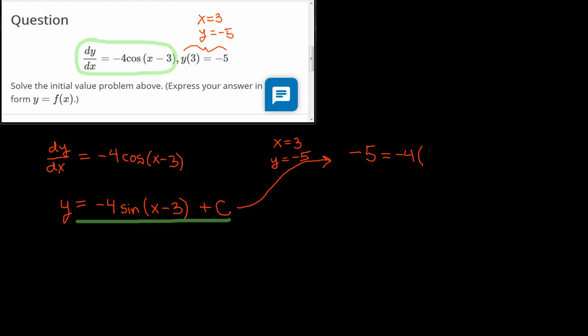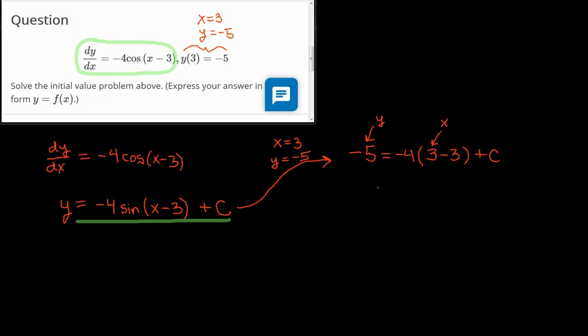So 3 and then -3 and then plus c. Where did those come from? That was y, because y was -5, and that was x, because x was 3. You can see that follows the pattern: inside the parentheses should be x minus 3, so if x is 3, then you get 3 minus 3.